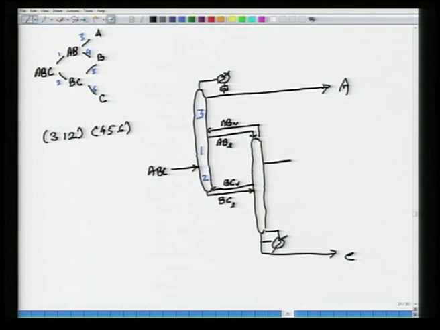So I am taking a side draw, which is essentially pure B. Okay, and so I label the column sections 4, 5, 6. Okay. Until now we have done 3 possibilities. There is a 4th possibility, and we will talk about that.